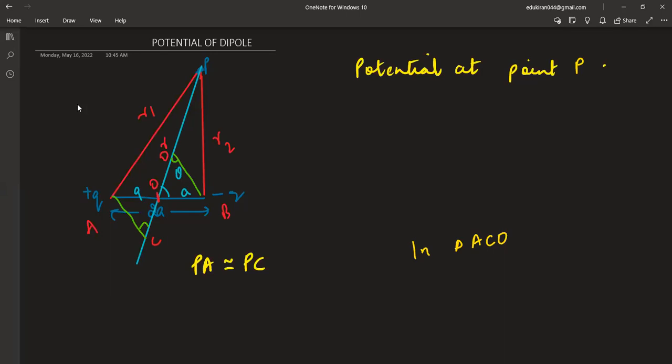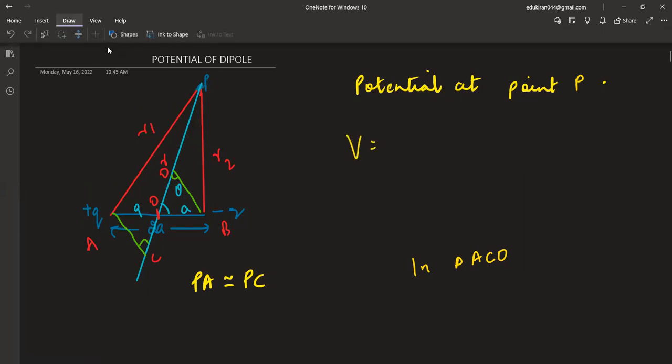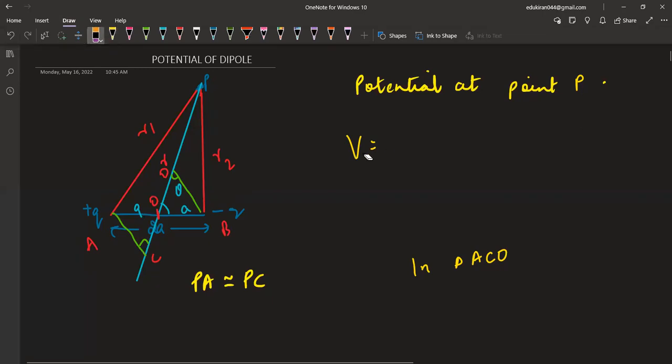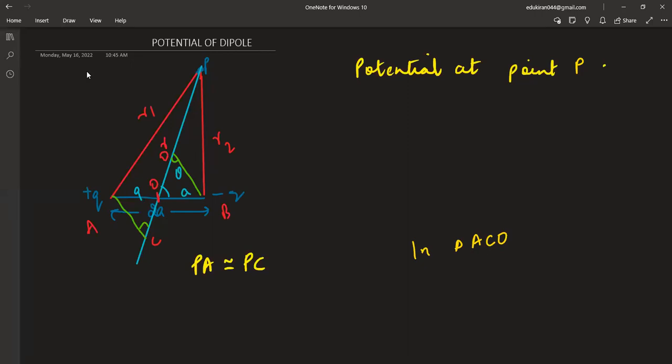So, potential at point P. If I want to calculate potential at P, I cannot find it out directly, but with just the basics we studied in the last class, we can discuss it.